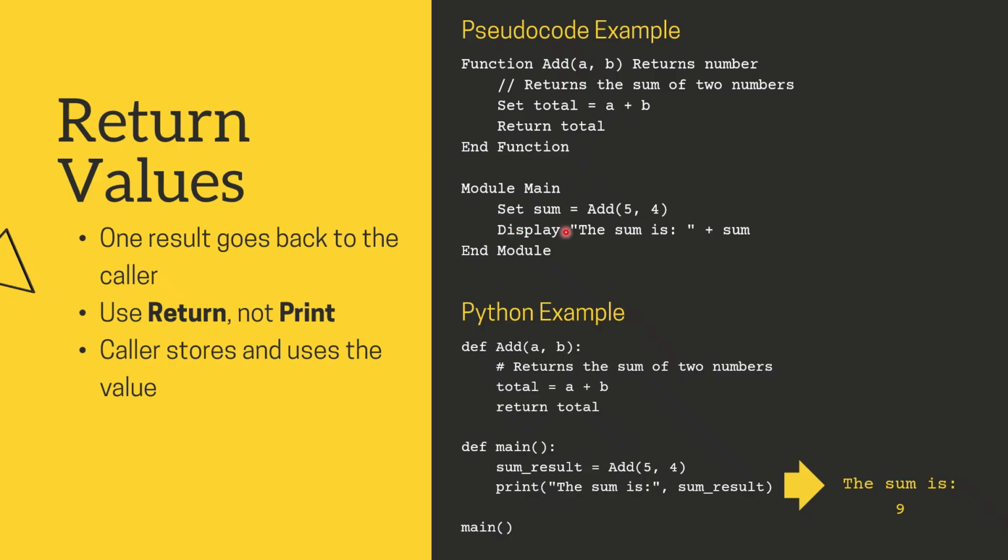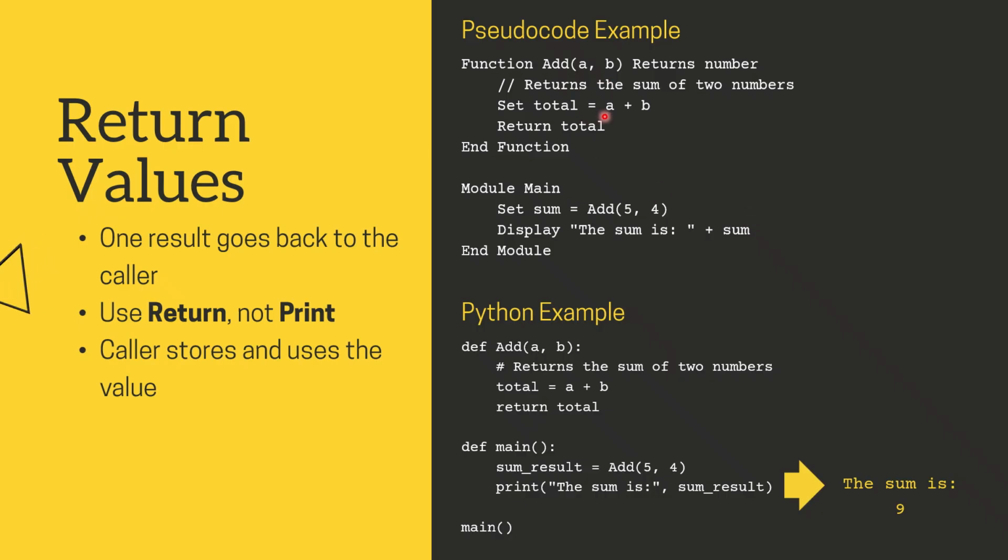Then here, in the main module, this is going to return that 9, because we're adding 5 and 4. This is 9. And then we're saying display the sum is, and we're using our return value within this sentence. So again, we've got the parameters.